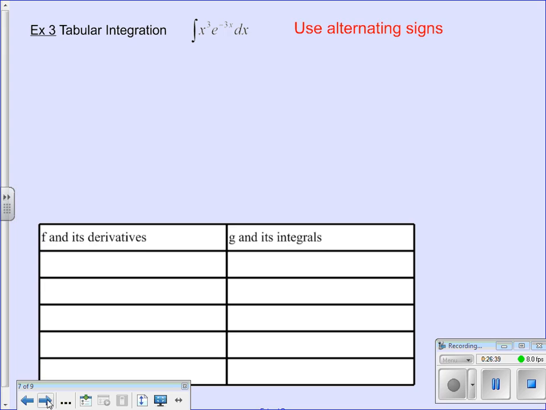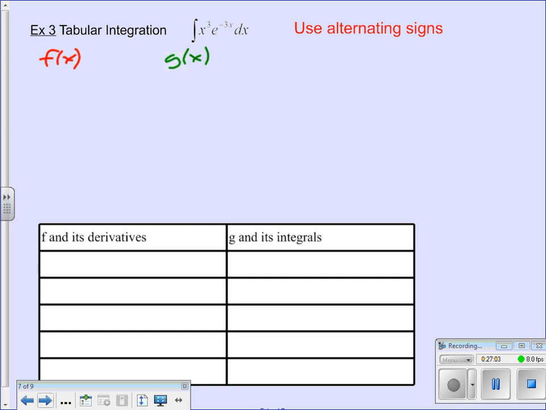Okay, so tabular integration. Use alternating signs. Rather than picking a u and a dv, we're picking out an f of x and a g of x. So we have to decide what our two functions are.